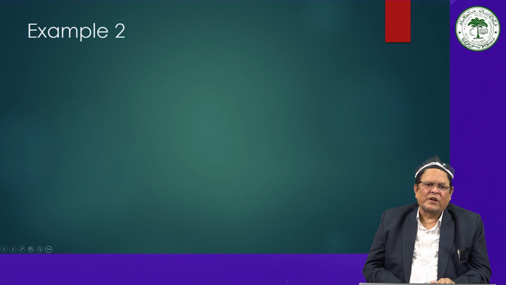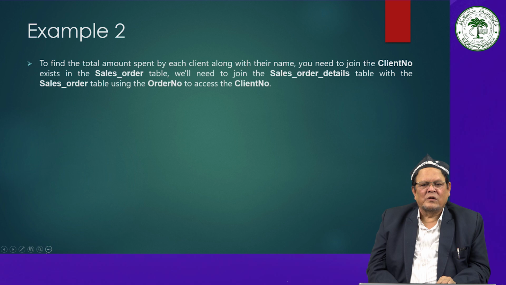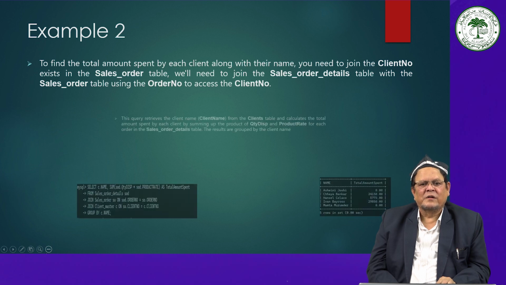For more elaboration, we take another example: to find the total amount spent by each client along with their name. You need to join the client number that exists in the sales order table. We will need to join the sales order details table with the sales order table using the order number to access the client number.